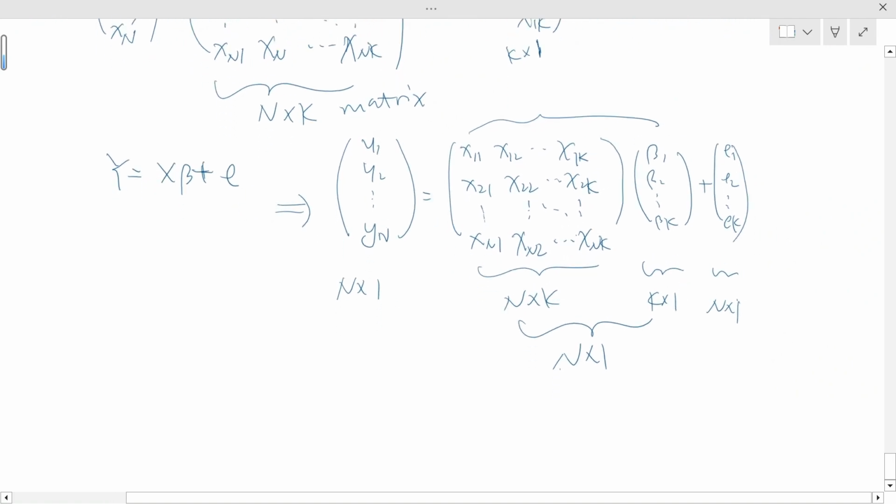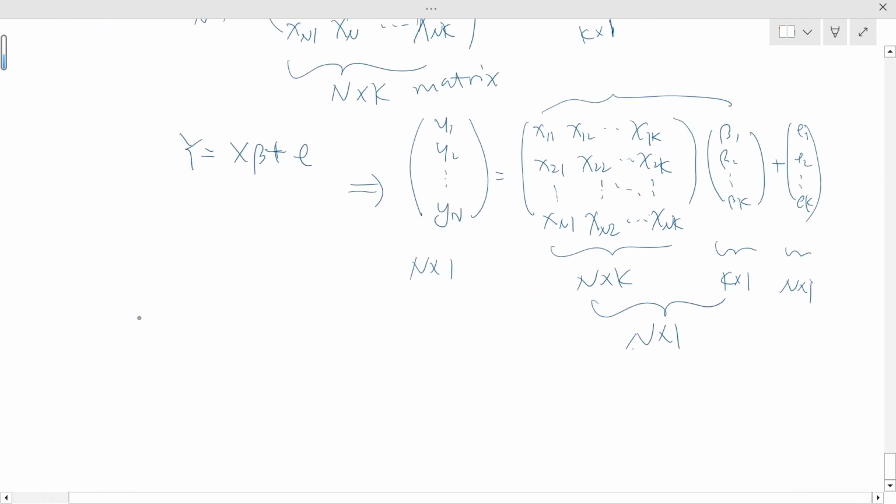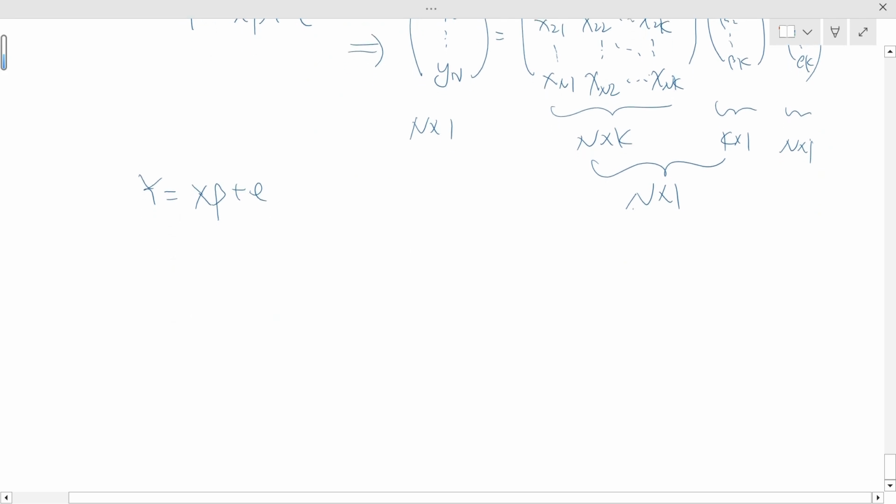Okay, so now we have this model, y is X beta plus e, and we want our least squares principle. We want to choose beta to minimize, let's call this S, the sum of squared errors: e1 squared and so on.